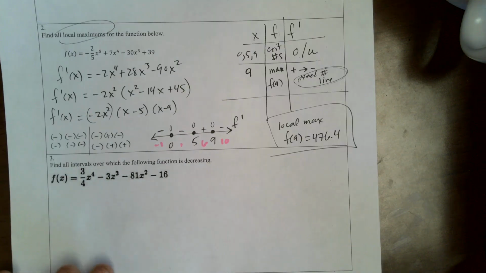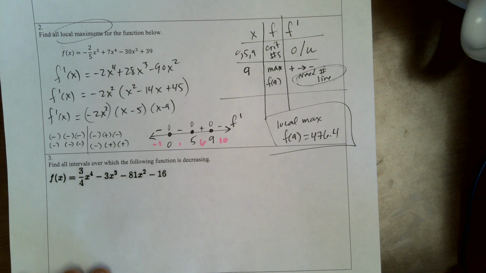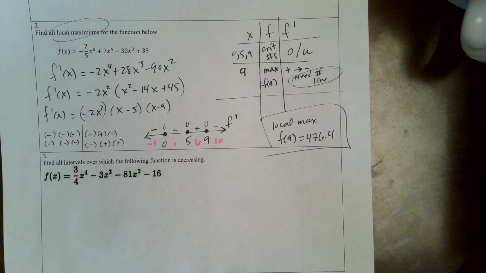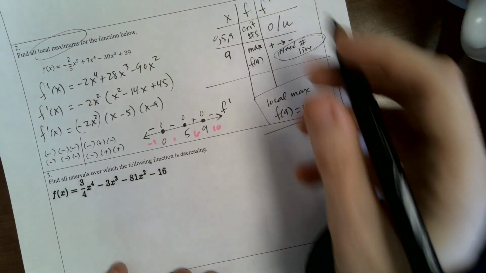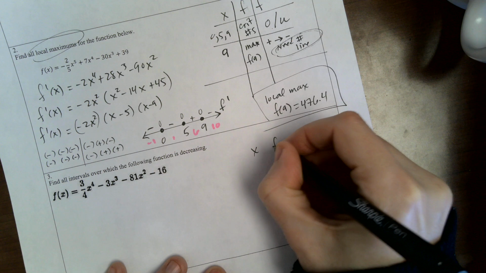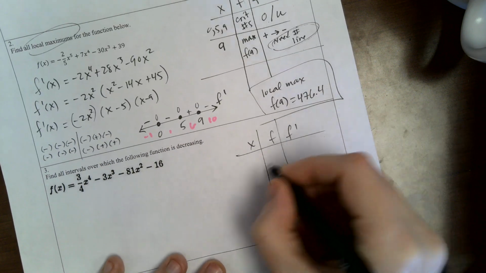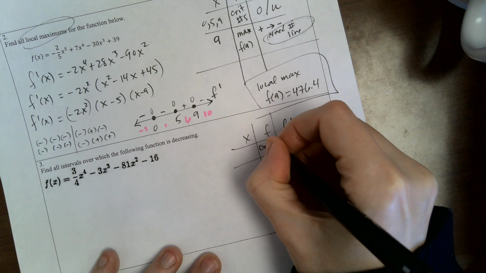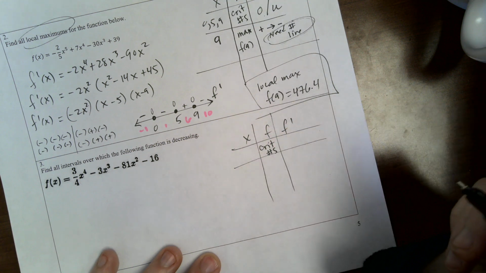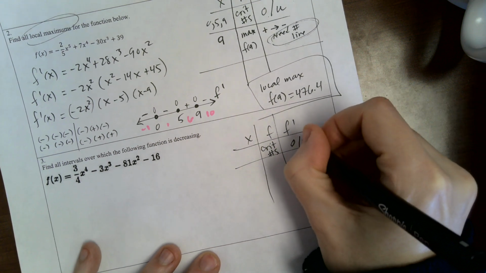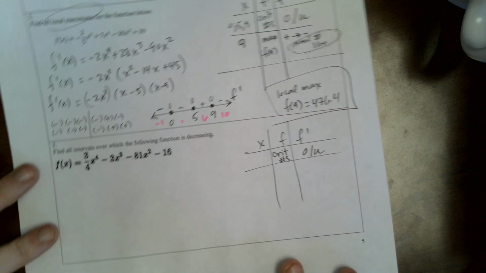Alrighty, now find all intervals over which the following function is decreasing. Okay, so it's going to start the same, which is looking for critical numbers. Critical numbers are where the first derivative is 0 or undefined.